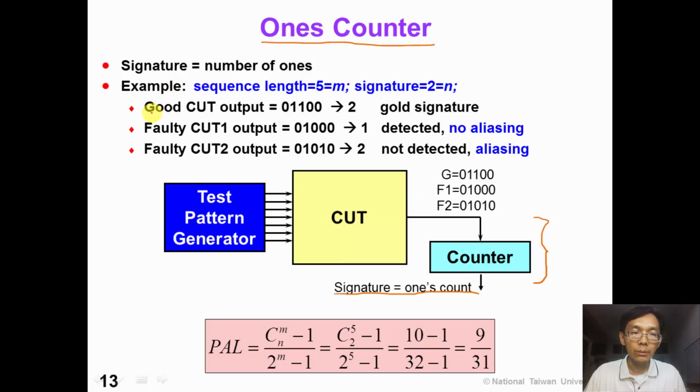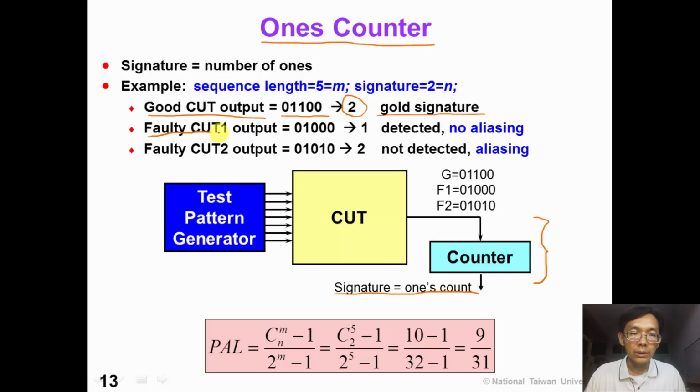For the same example, suppose that the good CUT output is equal to 01100, which has 2 ones in the output bit sequence, so the good signature is therefore 2.